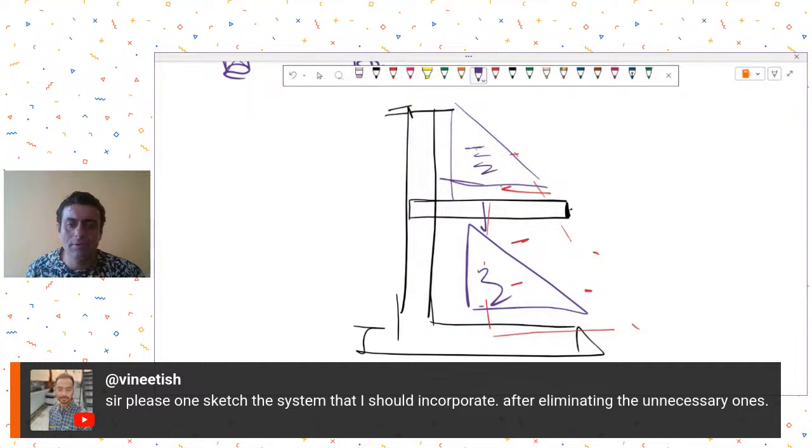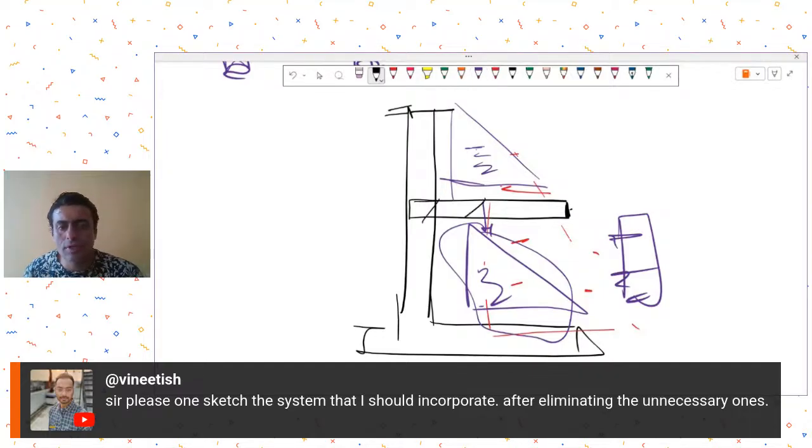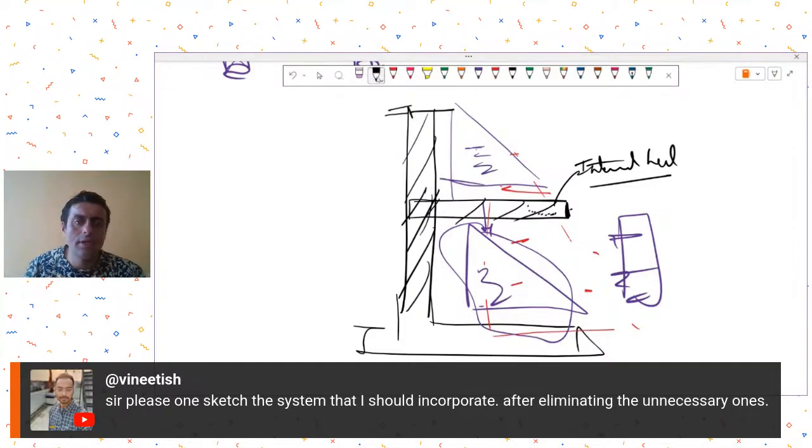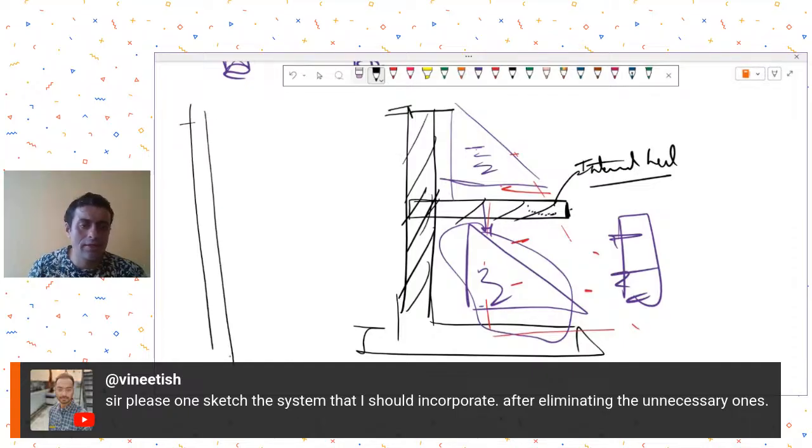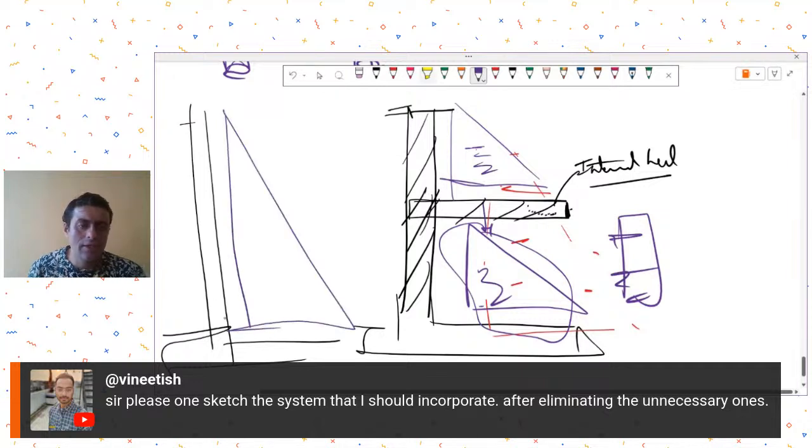So there will be some surcharge from the top plus a smaller earth pressure. If you are able to provide a stiff enough intermediate slab like this, well connected to the cantilever retaining wall, this behaves better than a single cantilever wall where the triangular pressure is much larger and the overturning moments are much larger. So because of this intermediate element, you are able to break it down into two smaller sort of uplifts.